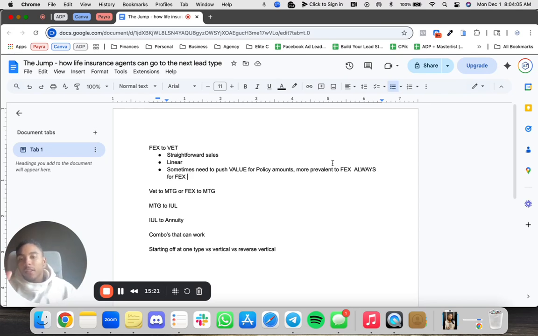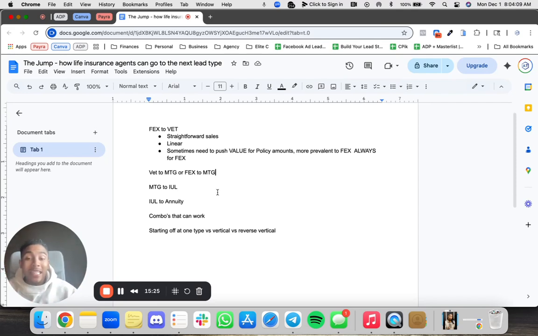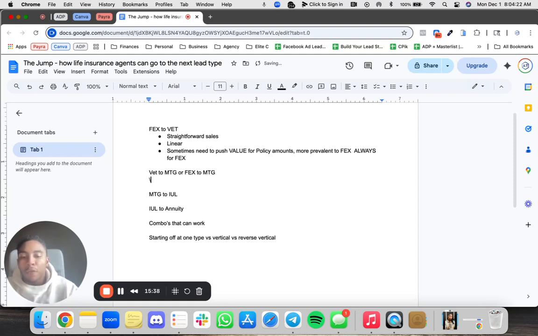So veteran to mortgage, or final expense to mortgage protection, or a demographic of 50 to 85-year-olds looking for final expense to now 30 to 70-year-olds who are looking to protect their mortgage. Now, this is the most skillful jump, in my opinion.